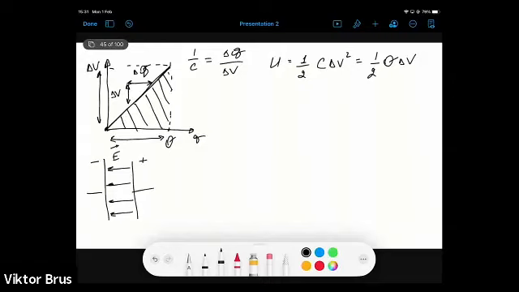And this is the substance which actually represents this potential energy accumulated in a charged electric capacitor.